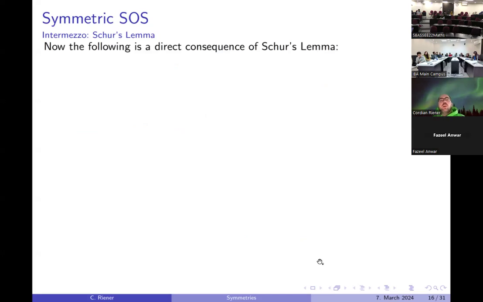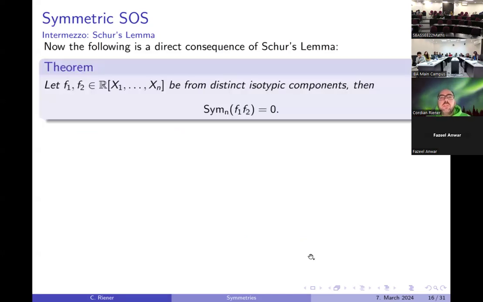Okay, so now the following is a direct consequence of Schur's lemma. Whenever I take two polynomials f1 and f2 that come from two distinct isotypic components, I take their product and I symmetrize it, I get 0.